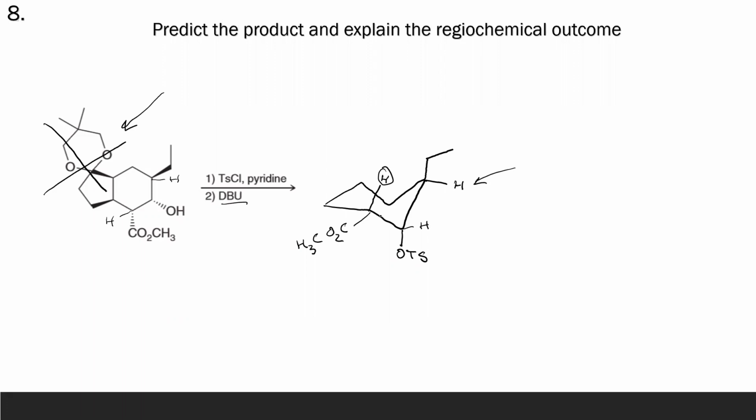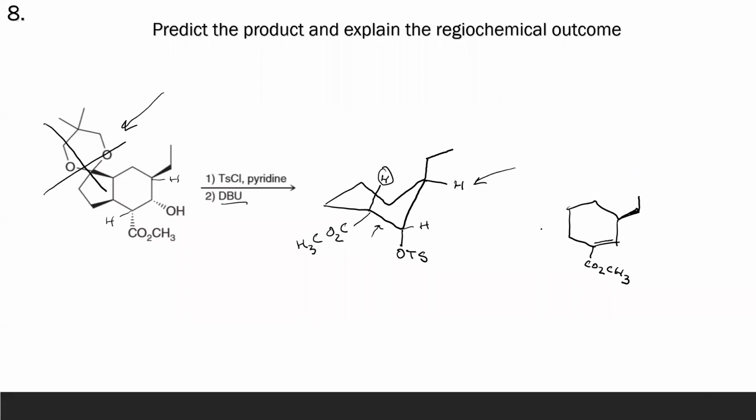So we know that the double bond is going to form right here, which would give us the final product that looks something like that.